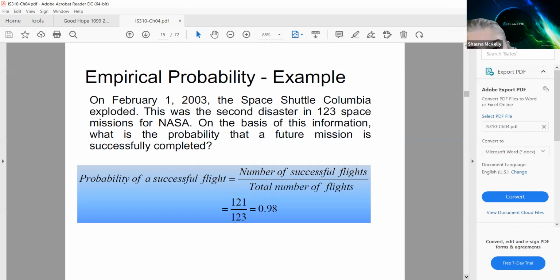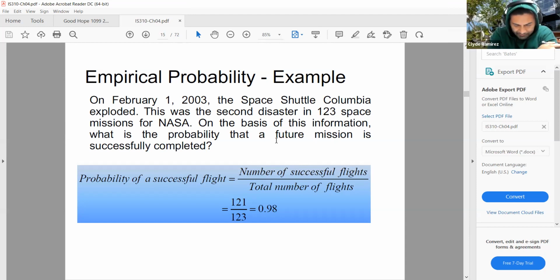Okay, so you take the number of successful flights. You have to read between the lines. There were 123 missions, right? There were 2 that failed. So that means 123 minus 2 is 121, right? There were 121 that succeeded out of 123.